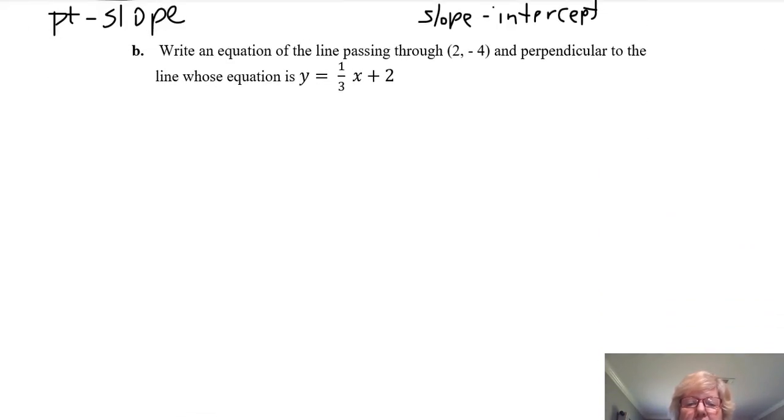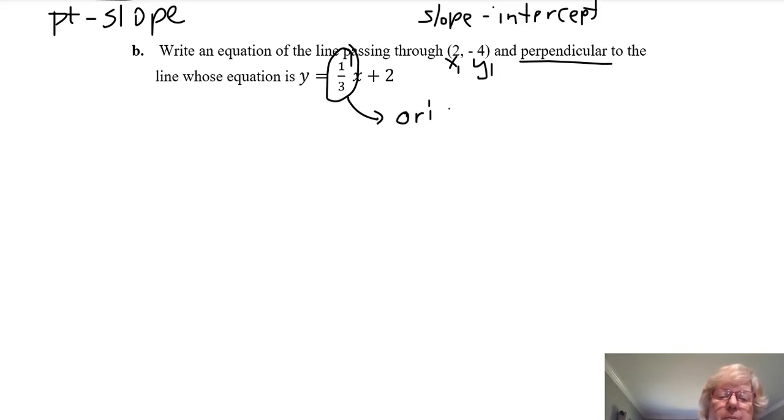Let's take a look at perpendicular. Now, I still have my x1, y1, and this time the line that I'm comparing it to, the slope, the original slope, let me write it that way because that comes in the original problem. The original slope is 1/3.